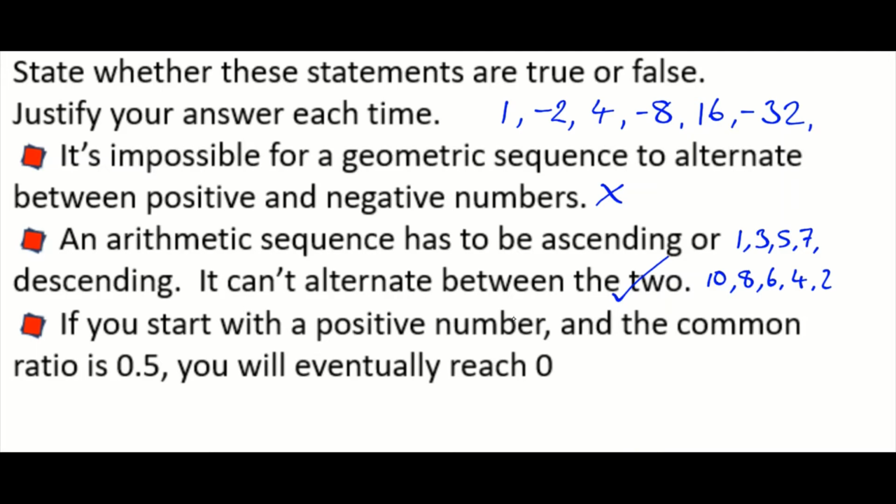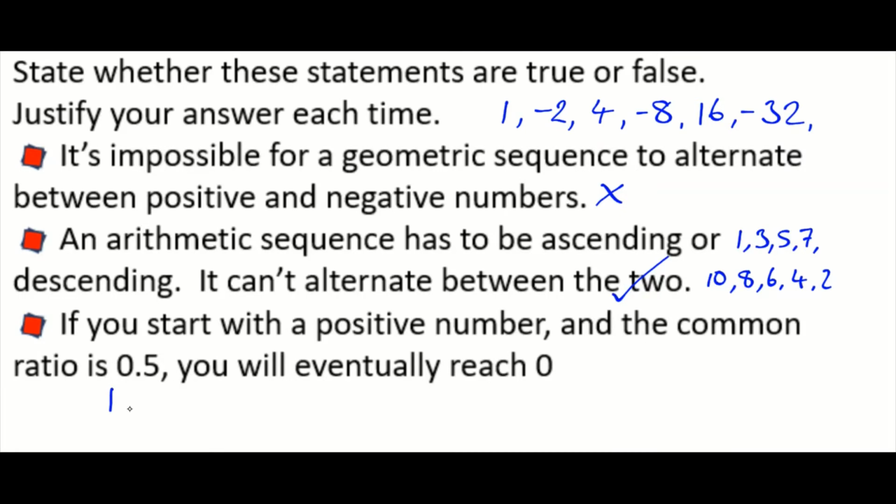And finally, if you start with a positive number and the common ratio is a half, you will eventually reach 0. Well, not really, but we will get very close to 0. No matter what number you start with, it could be a really big number, fairly quickly you get into fractions. I'm just going to start with 1.